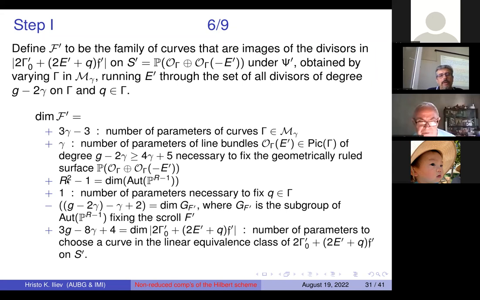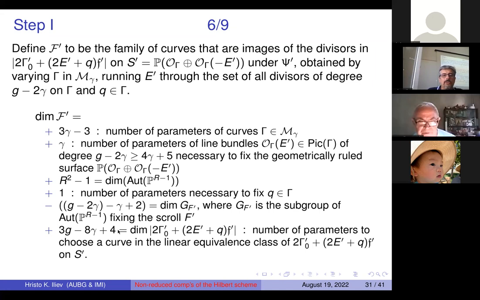Then we have the automorphisms of the projective space PR minus 1, and we have R squared minus 1 such. Then we have one more parameter to choose the point gamma, because it also takes part in the calculation. And further on, I have to subtract the subgroup of automorphisms of PR minus 1 that fixes the scroll F prime.